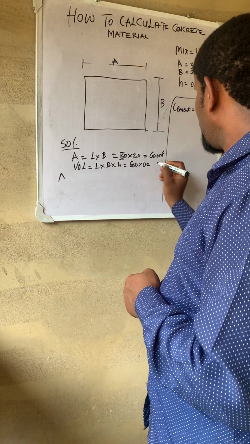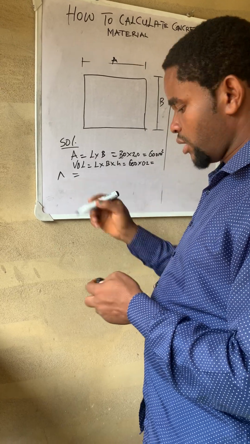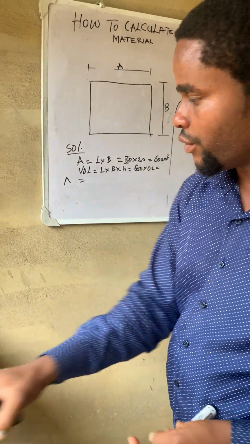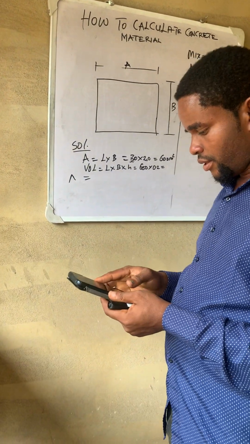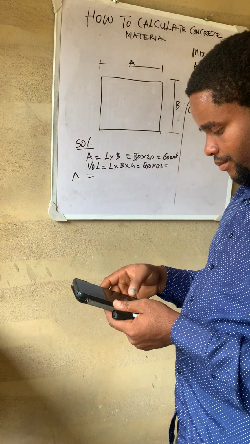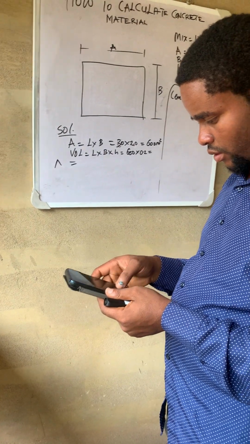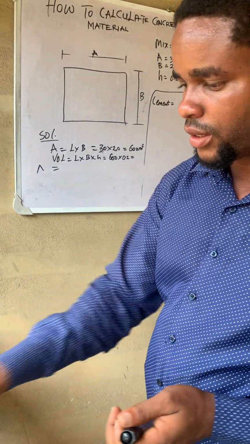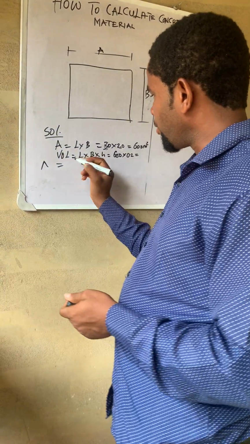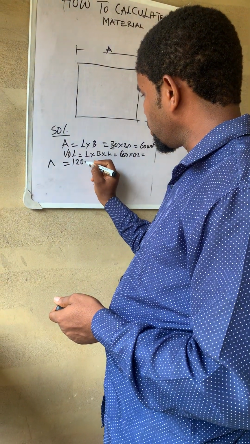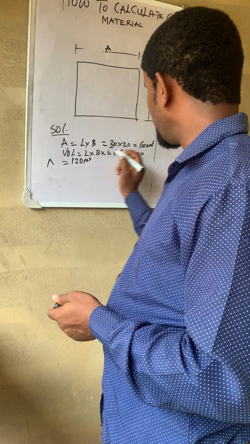This is our H. So that should give us 120 cubic meters.